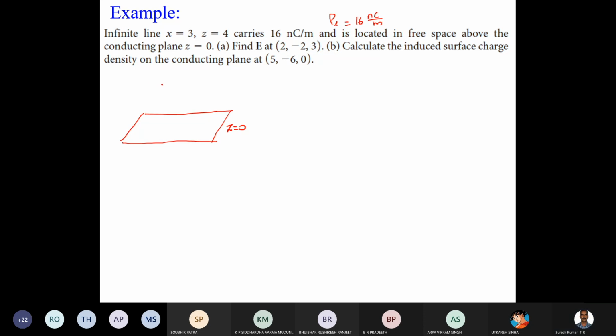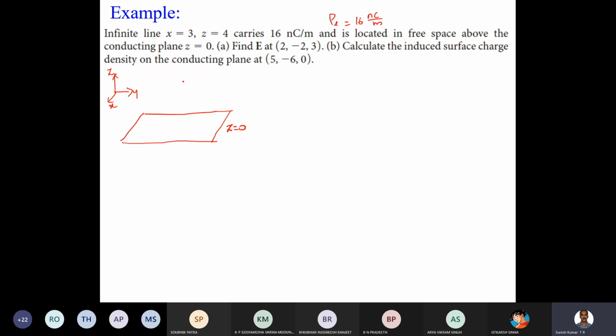Let us at least fix x, y, z. Now where is that infinite line kept? x equal to 3, y is from minus infinity to plus infinity, z equal to 4. So how will it look?